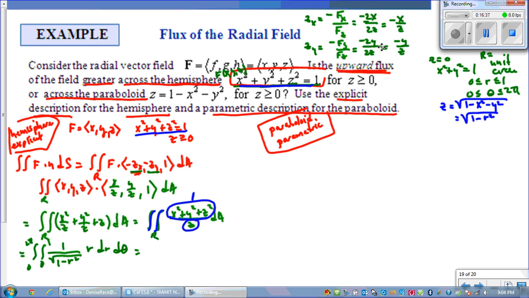Okay, so now integrating with respect to r, we'll need a minus 1/2. And I've got that 1 minus r squared to the minus 1/2 power. So it's now the square root of 1 minus r squared, and then times 2.